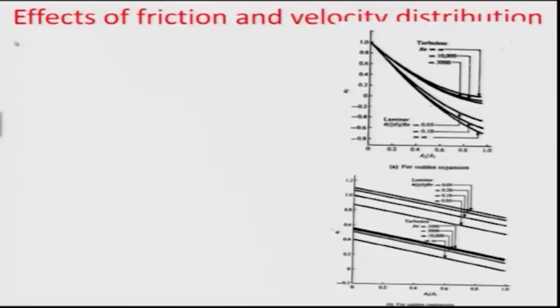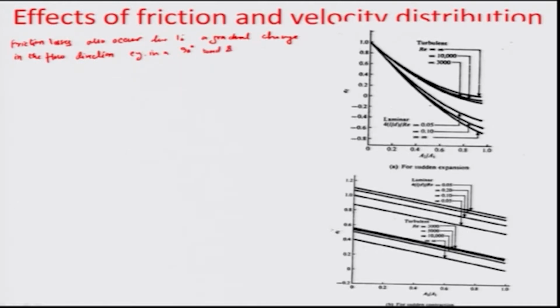So friction losses also occur due to a gradual change in the flow direction, for example in a 90-degree bend, and similarly in a fitting.